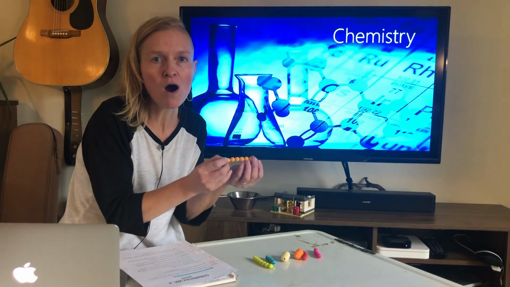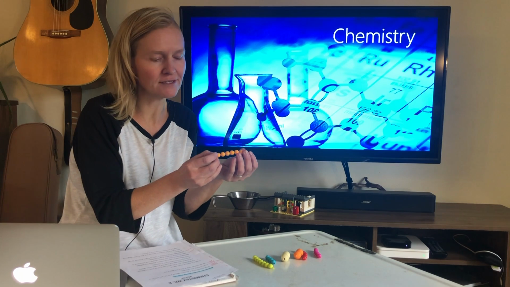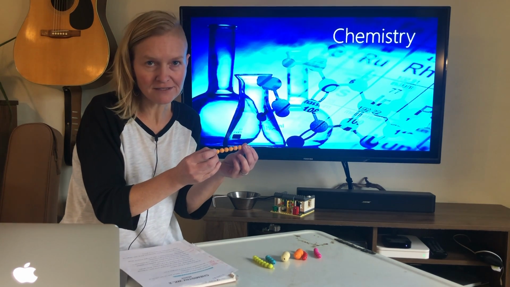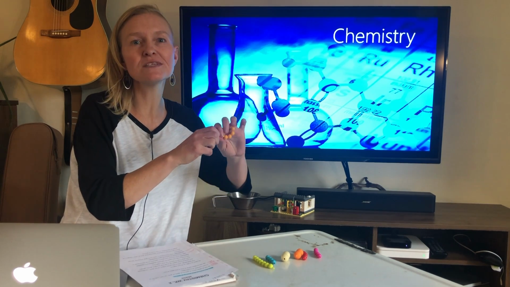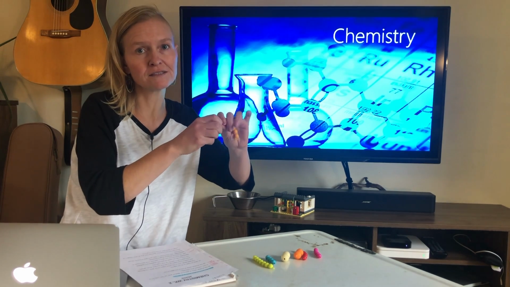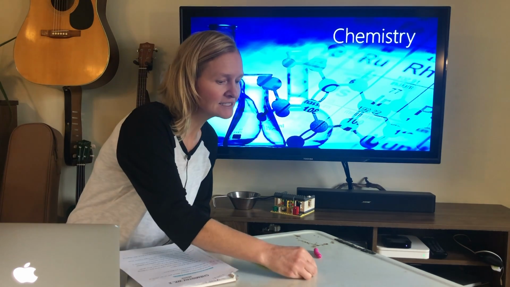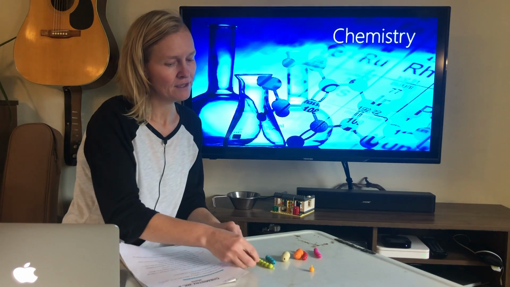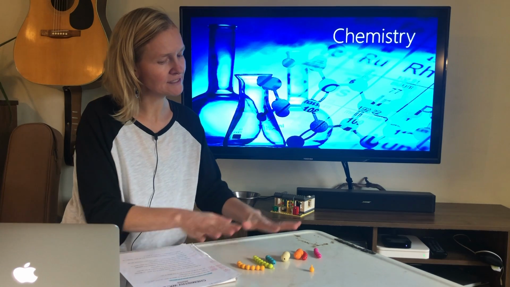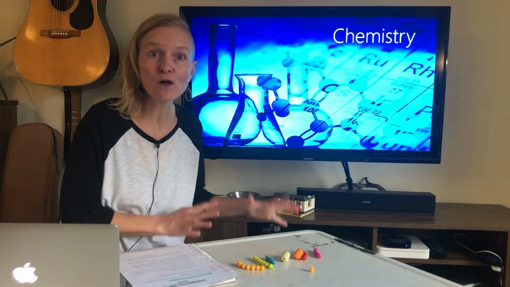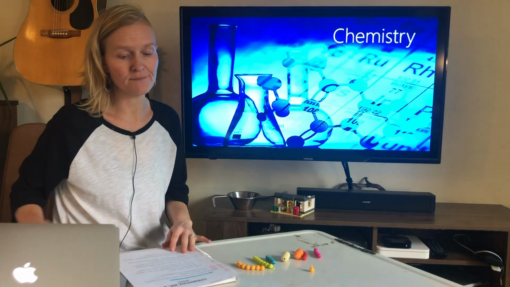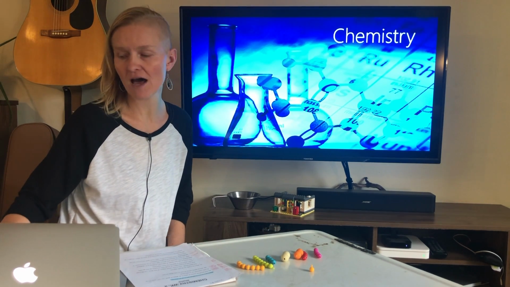How small can we make this element? Well, a pure substance can be quite large, but it can be broken down into the simplest, smallest piece of an element, and that is an atom. So each one of these pure substances can be broken down into its smallest form, which is one single atom of an element.